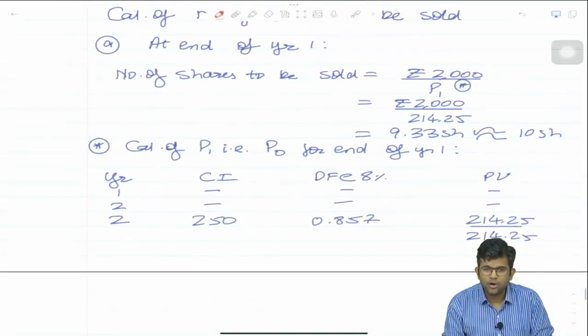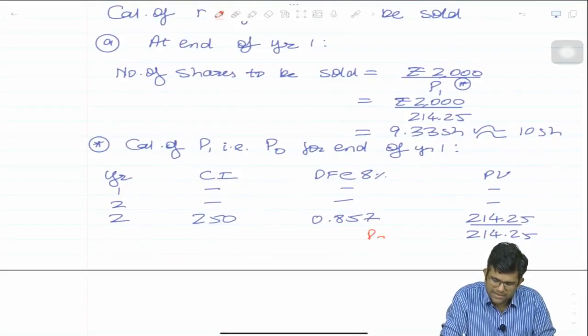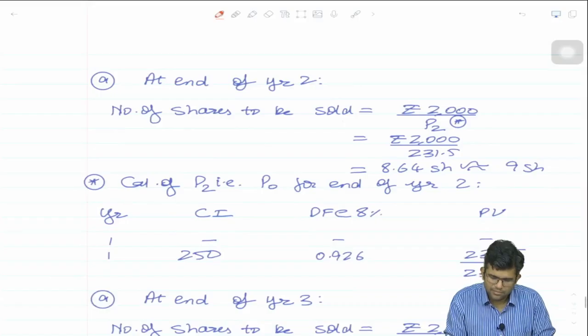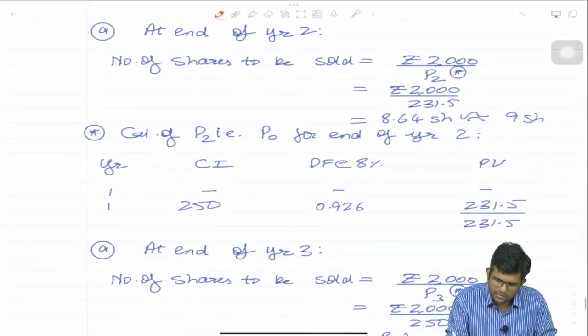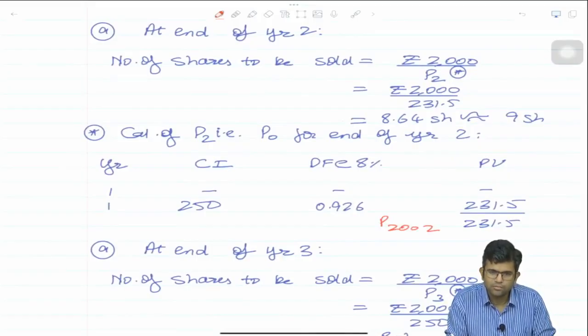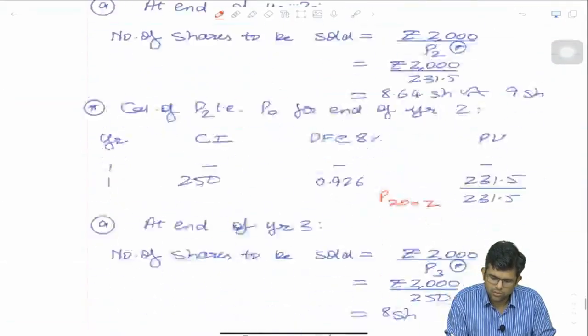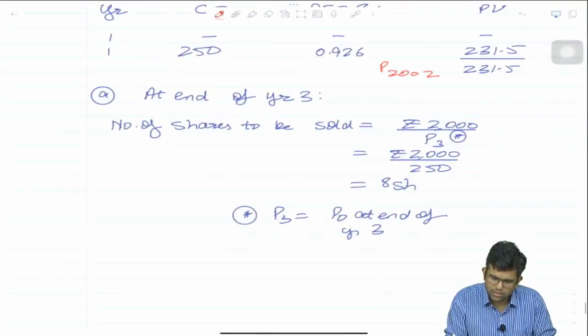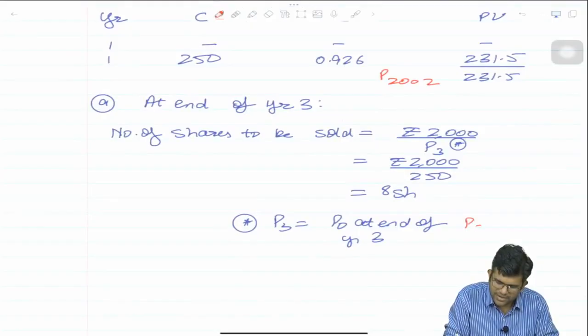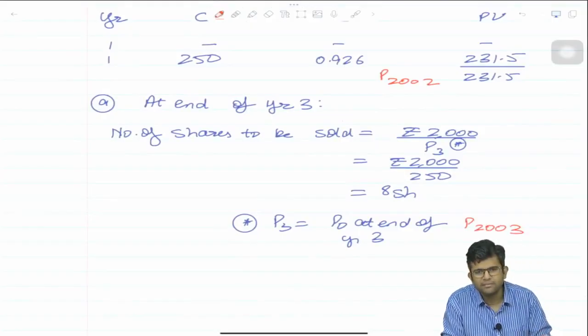This P1 you got, P1 is price at end of year 2001. This is price at end of year 2002.